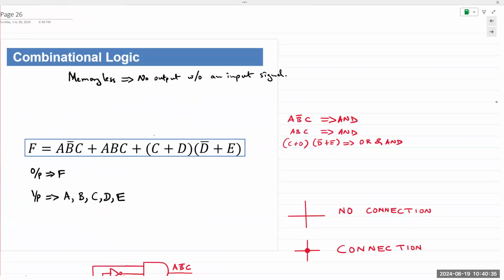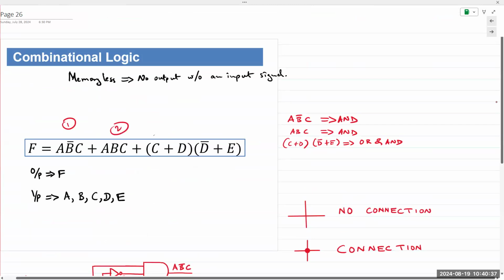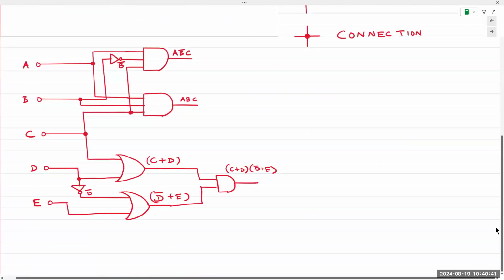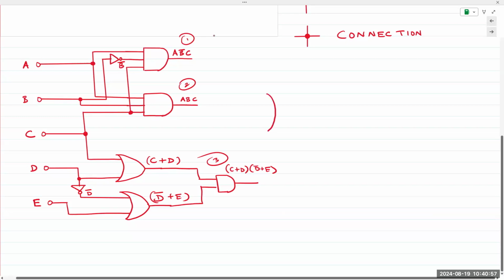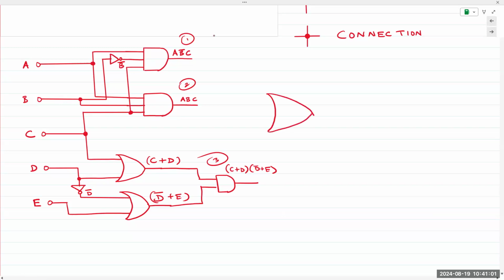Okay. This was the first, second, and third. So this is 1, 2, and 3. And all 3 are then fed into a 3-input OR gate. So the 3-input OR gate gives me F.